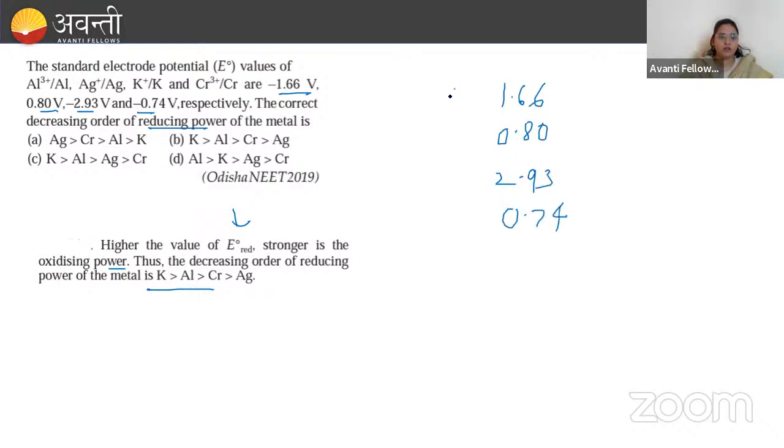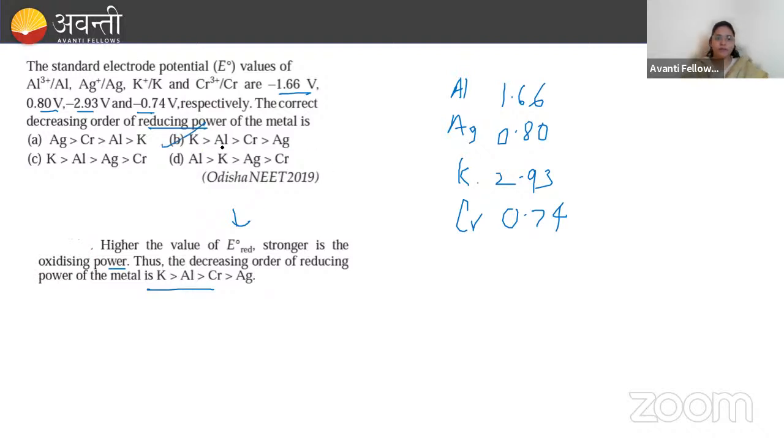This is for aluminum, this is for Ag, this is for K, and this is for chromium. The higher the value, the stronger the oxidizing power, so the reducing power will be lower than that. So our option here is what?